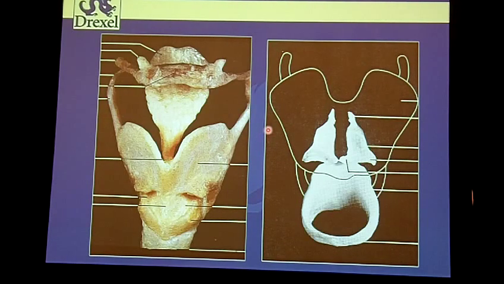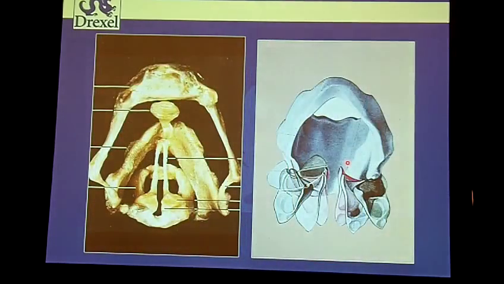Note that those cartilages are sitting on top of a curved surface. I will show you more, but the motion of the arytenoid cartilages is exceedingly complex and essentially impossible so far for us to recreate once it has been damaged.